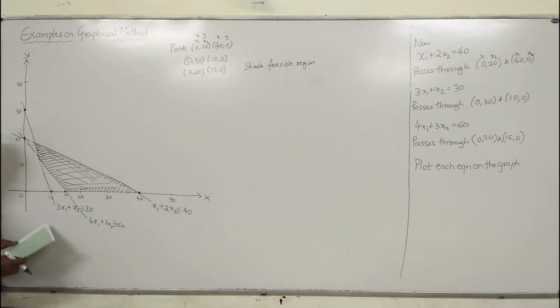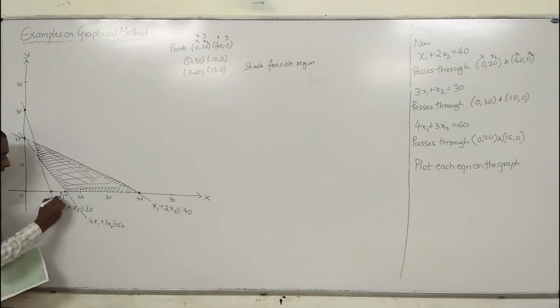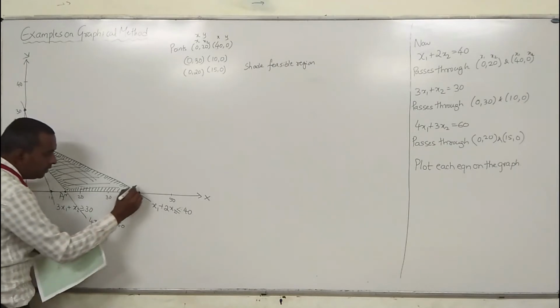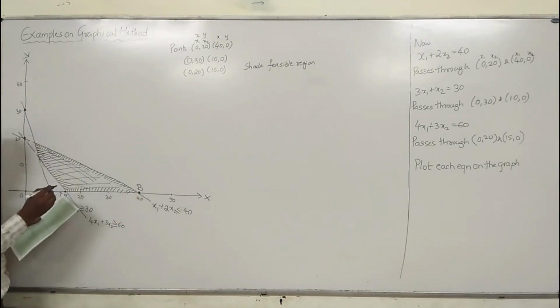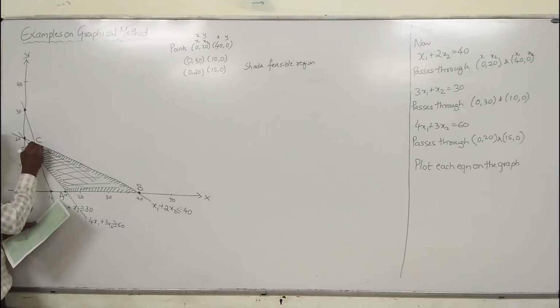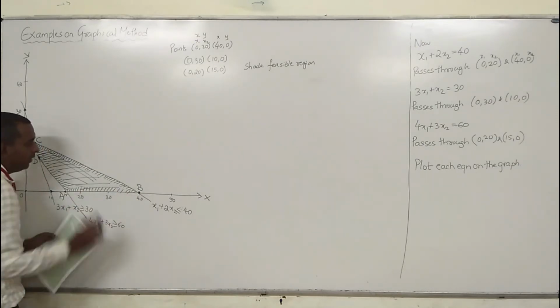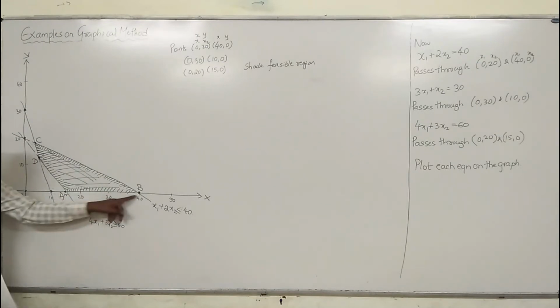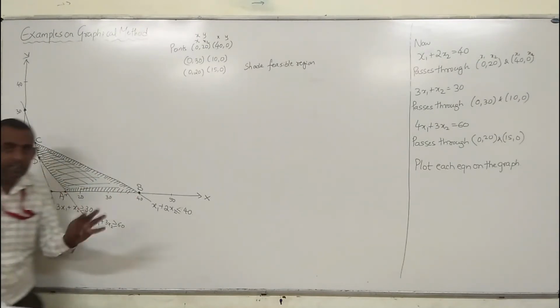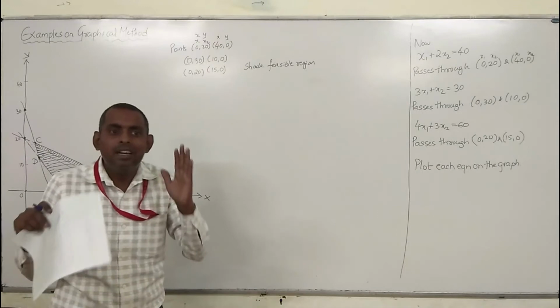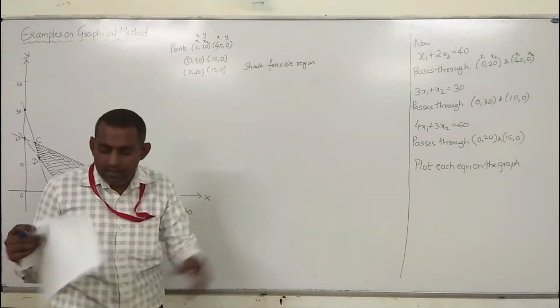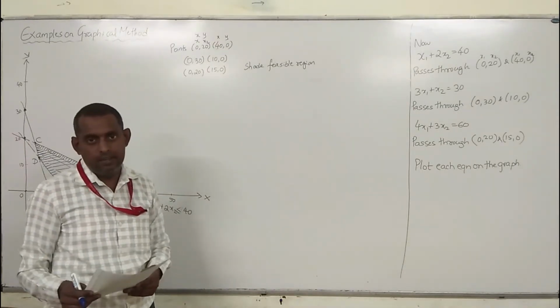So let me name this one. This will become A, and this will be named as B. Then this will be named as C, and this point as D. So that is A, B, C, D.